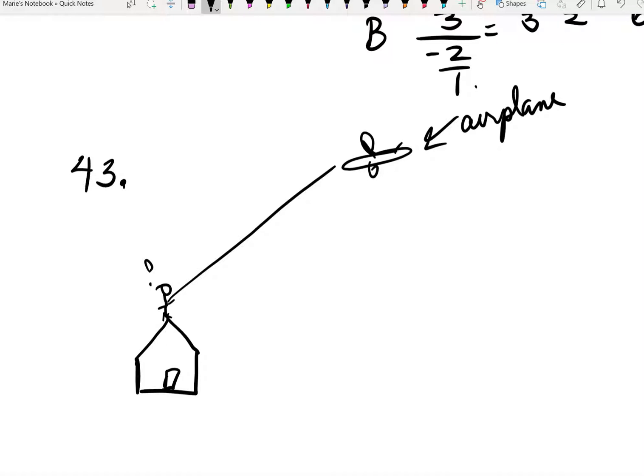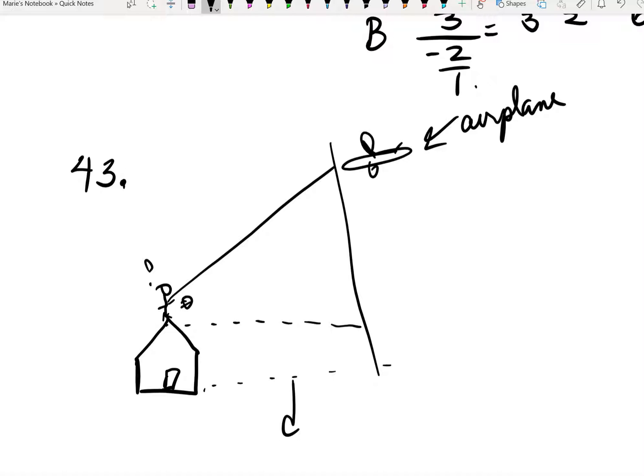And, okay, so it says D represents the horizontal distance in meters of the plane from the house. So remember, you're looking at this as the ground, and so this is D, right? And so we would assume the angle of elevation is theta. So whatever distance that is, that's going to be equivalent.